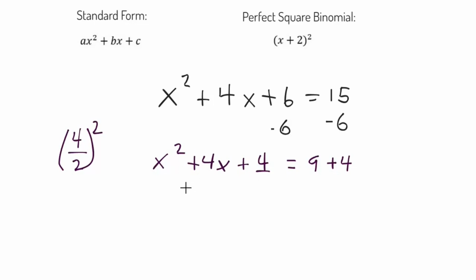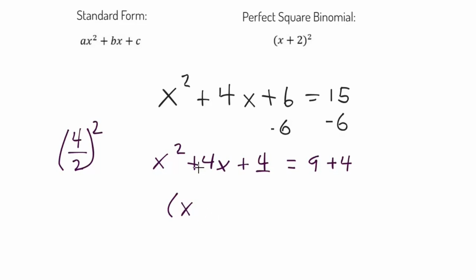So now you can factor this using your normal technique. I still call it the AC method, but there's different types of methods for factoring quadratics. But with this one, the technique for a perfect square trinomial is to take your b value and divide it by 2, take whatever your variable is, usually it's an x, but it could be something else, and put them in a binomial.